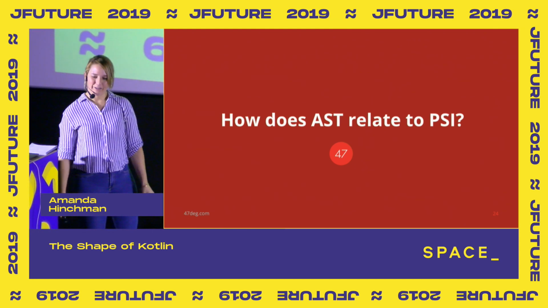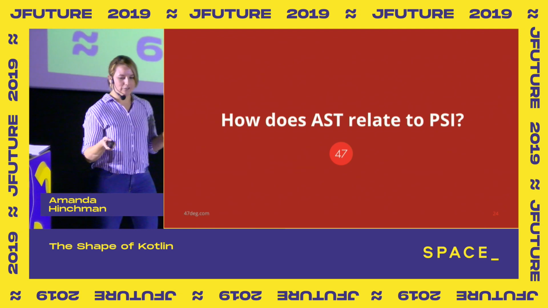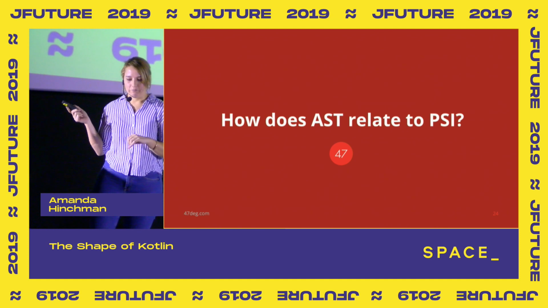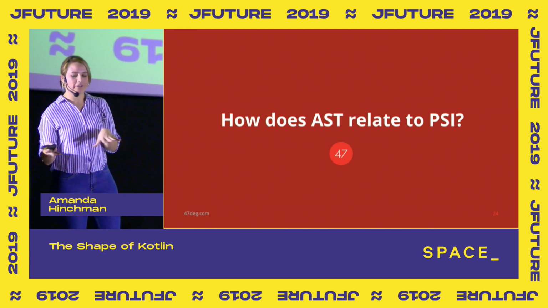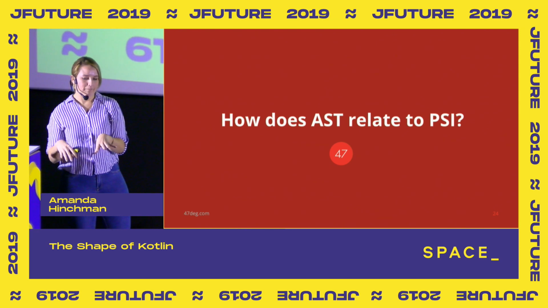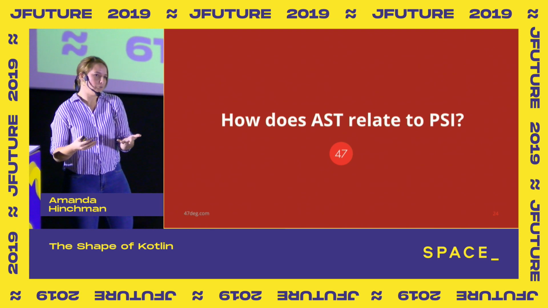I think a really great question to ask at this point is, how exactly does AST relate to PSI? IntelliJ benefits from the PSI, but why would it matter to us?